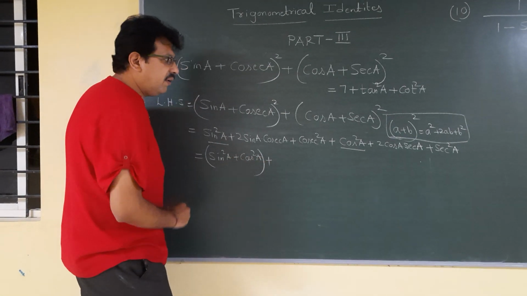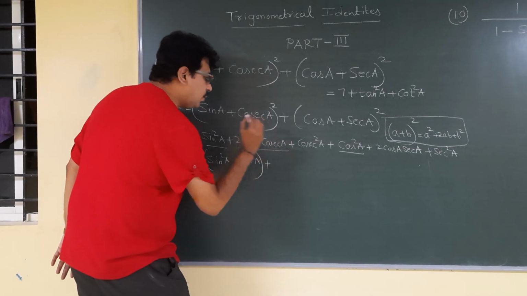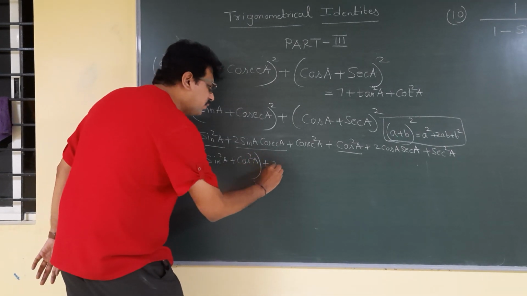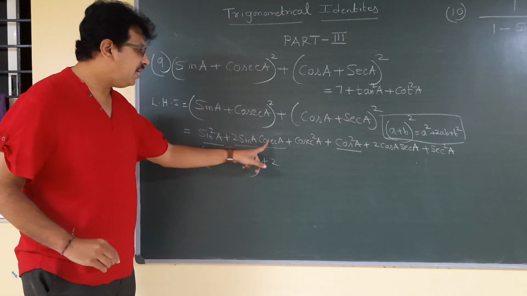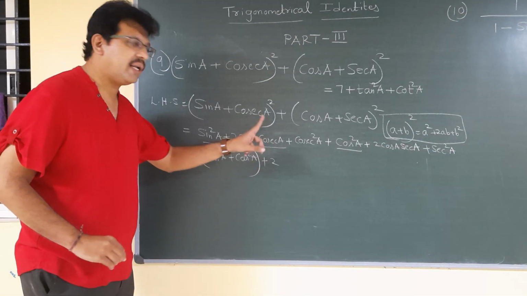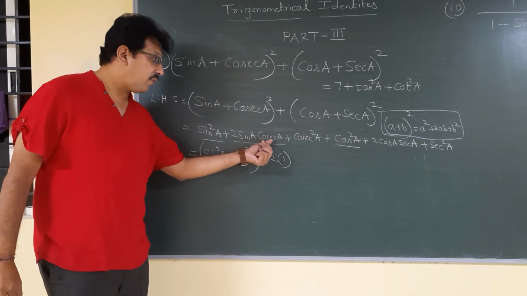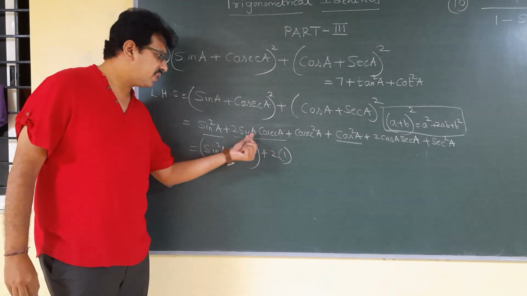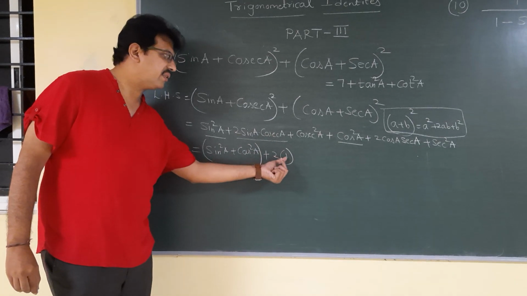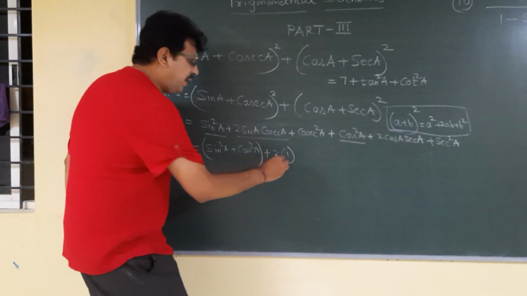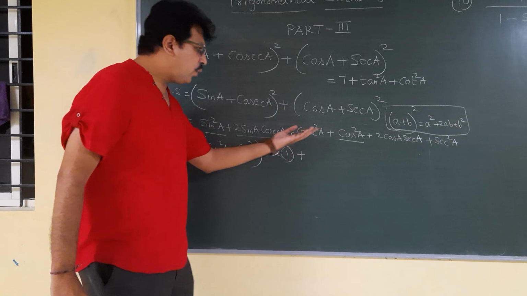Plus again we need to observe this 2 sin a into cosec a, and here also 2 into sin a into cosec a. Sin a into cosec a is 1, that also you should know very well, because the reciprocal of cosecant a is 1 by sin a. So sin a into cosec a is 1, that's what I have written here. And plus cosec square a.